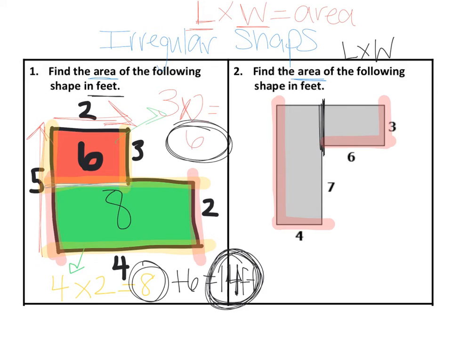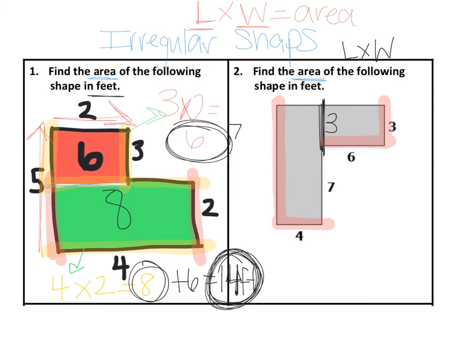But you may be looking and saying, Miss Weaver, we're missing a number. I don't have a number right here. So what we're going to do is we know this side's 3, so this side's 3 too, right? This side is also 3. So if I do 7 plus 3, because I'm looking at this length here, I can get the length of this side.